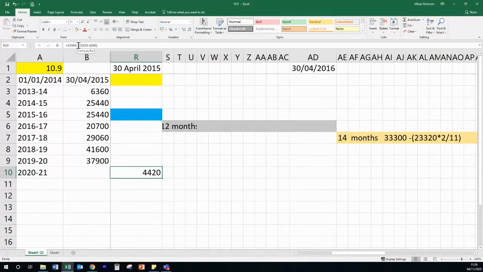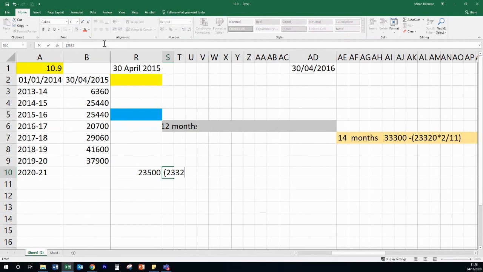Okay. Not coming up the right way. I don't understand what is happening here, but let's just do this another way. 23,500, and then we take away whatever we have taken before.